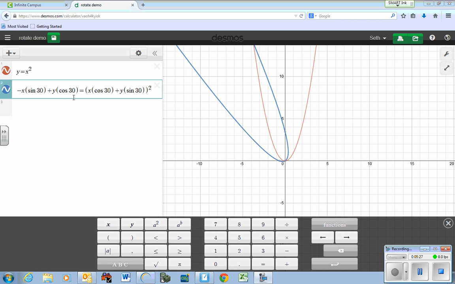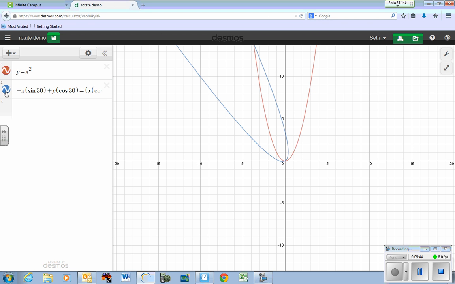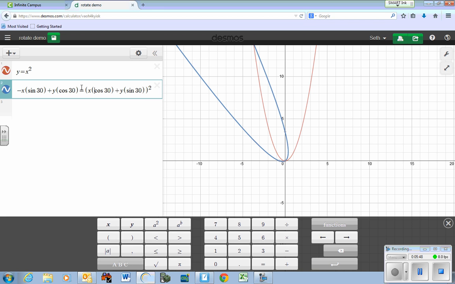You need to put your sine of 30 and cosine 30 in parentheses. Otherwise, I think Desmos will take the sine of everything that comes after it and it can make a big mess. Also, make sure in your settings that you are in degrees if you want to talk about rotating in degrees.